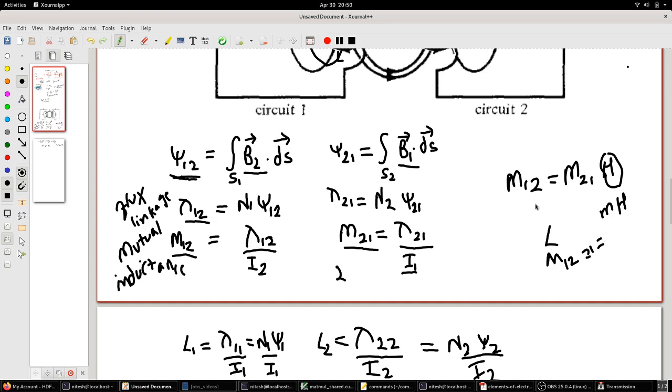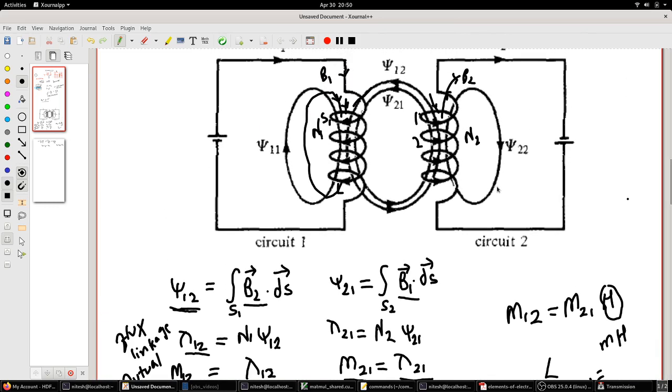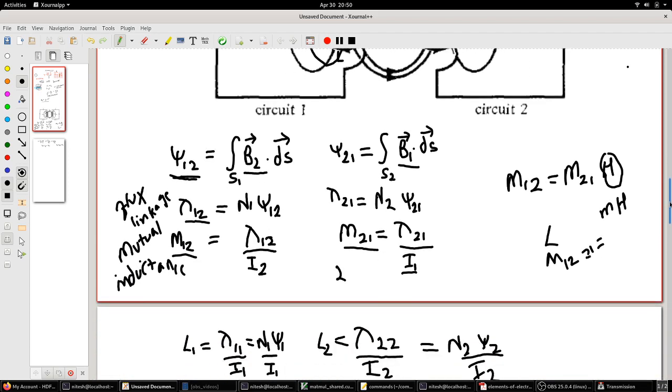This is because of a different circuit. It's not caused by the current through the same circuit. It is caused because of the current in a neighboring circuit. That magnetic field causes the generation of your mutual inductance here.